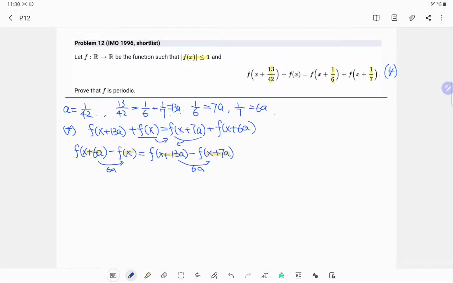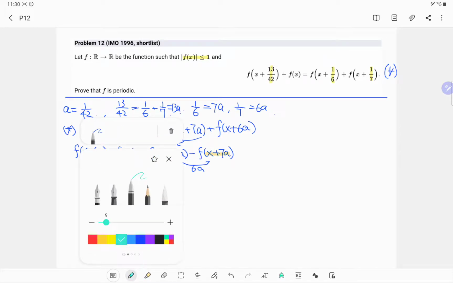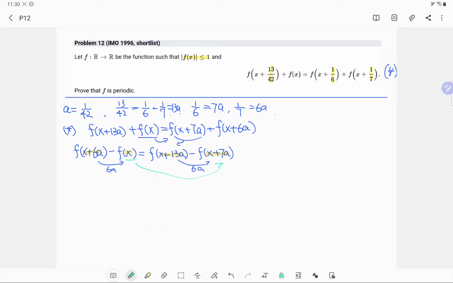And from here to here we have a difference of 7a, which means that if we substitute x to be x + 7a here, on the left-hand side we will get f(x + 7a + 6a) - f(x + 7a), which is nothing but f(x + 13a) - f(x + 7a), which is actually the right-hand side of the original equation.